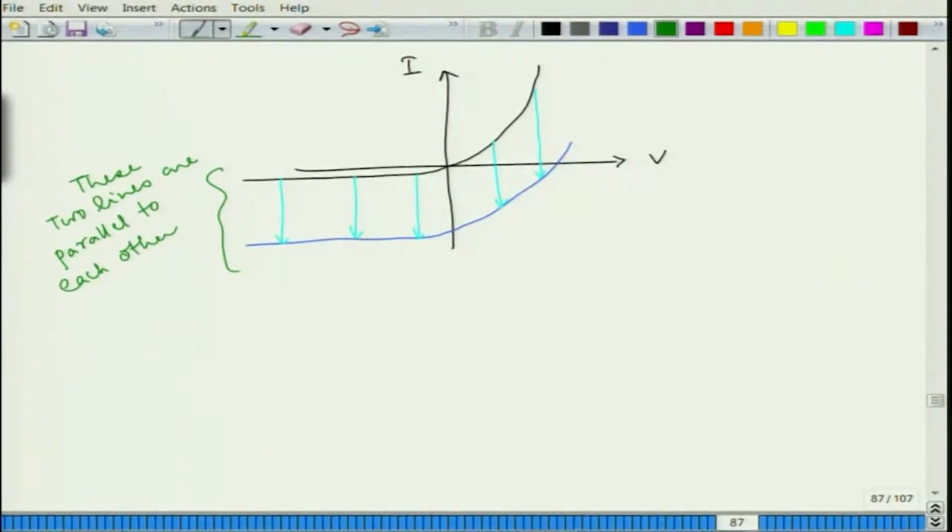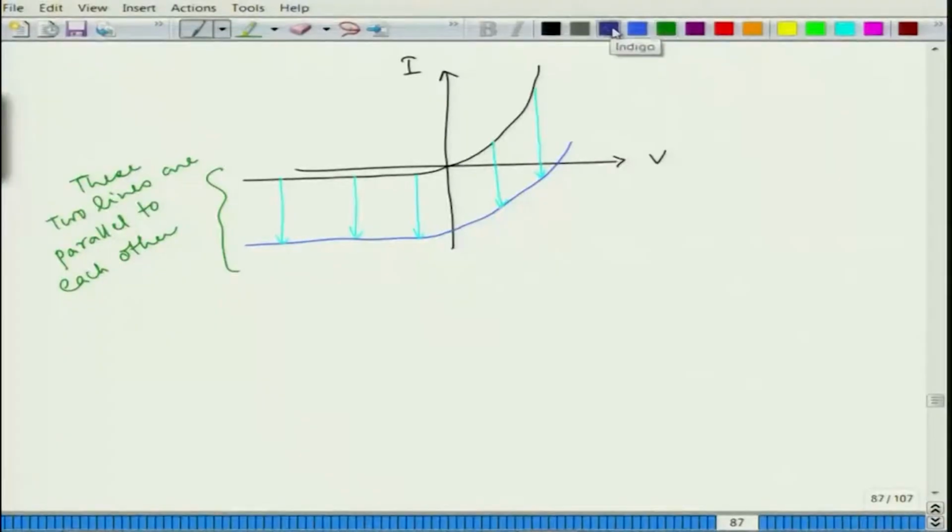Because the light generated current, how much it shifts will depend on the degree of generation. If the intensity of light is higher, you have more energy to make more electron hole pairs, right. So, the shifting will be larger, and for less intensity you will have less shift.